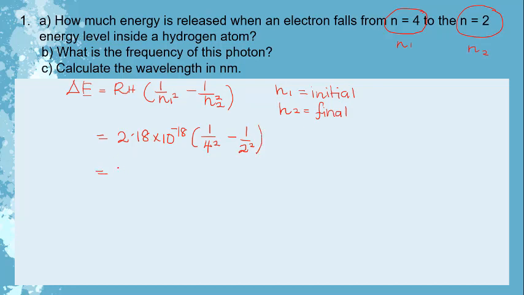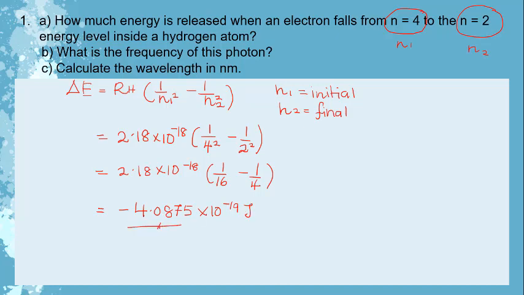Let's solve this calculation. The final answer for delta E is negative 4.0875 times 10 to the power of negative 19 joules.